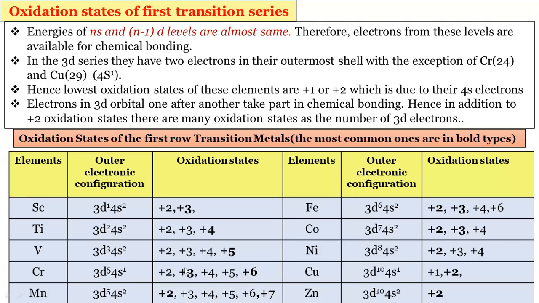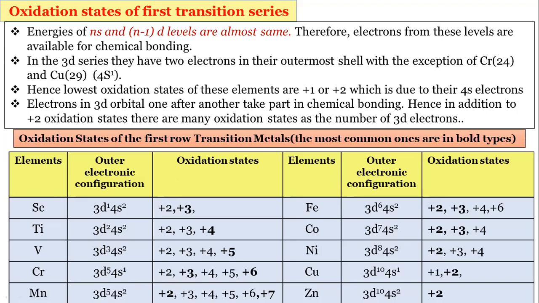+3, when this 1 electron is given, and 2 electrons are given, so 3d will contain 3 electrons. When 1 electron is given, it will be +1, but chromium shows very few compounds; it is very unstable.